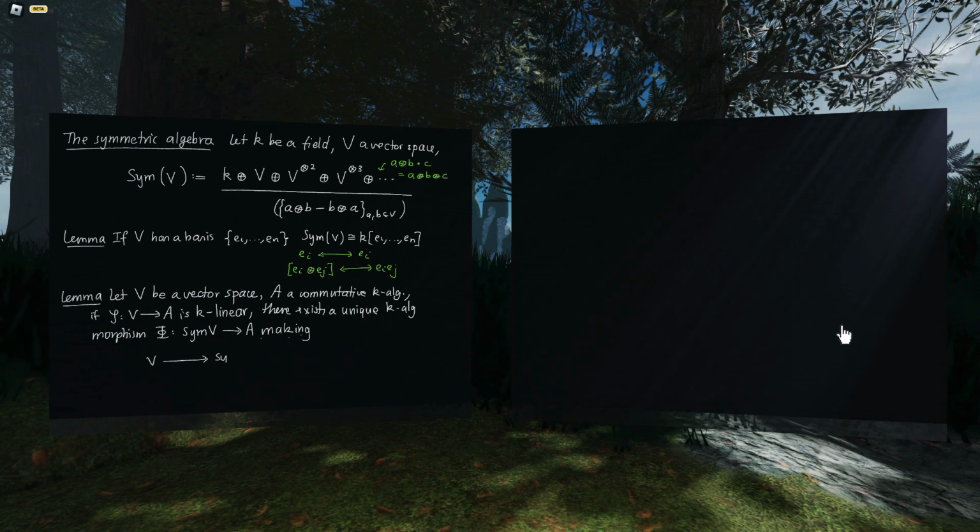So V obviously sits inside the symmetric algebra of V. Right? There's a map from V to here which just sends a vector to its equivalence class in the quotient, where you stick V in that factor there.